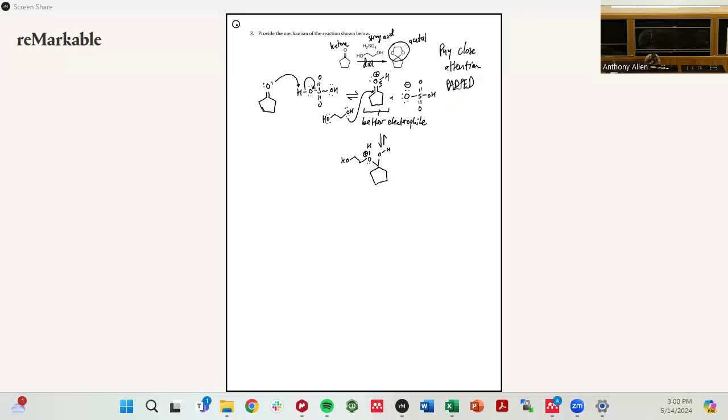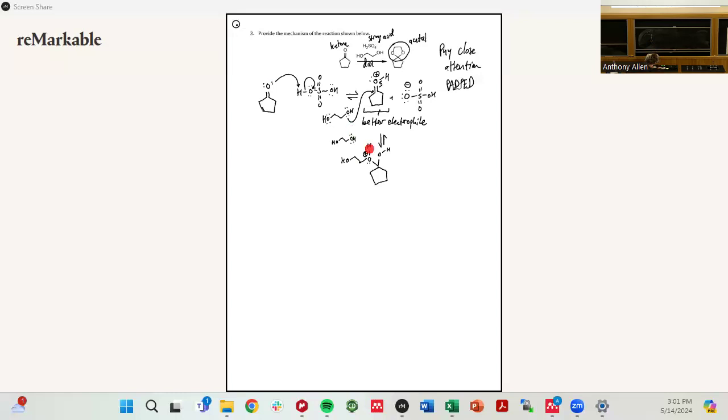So now I can take, honestly, either the conjugate base of H2SO4, or I can take another equivalent of the diol. We'll take another equivalent of the diol, which is basically running a solvent of ethylene glycol, to act as a base.